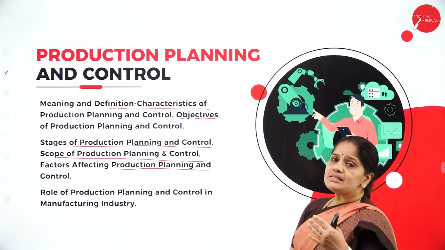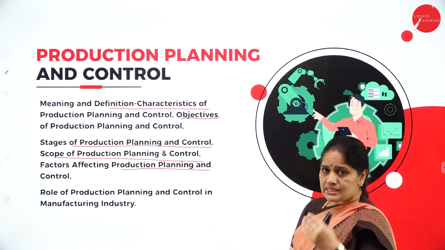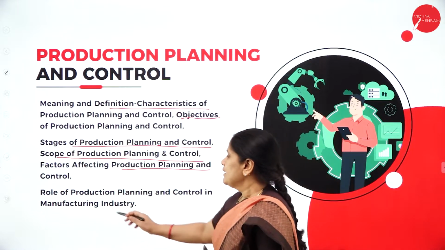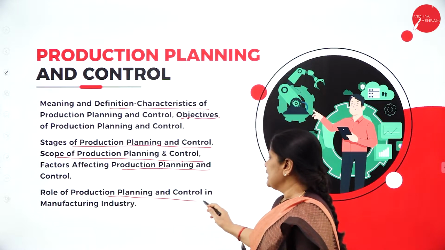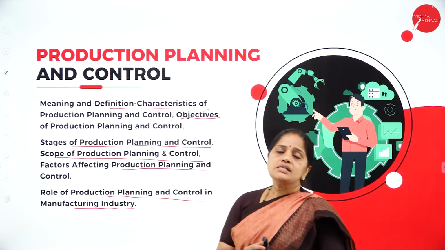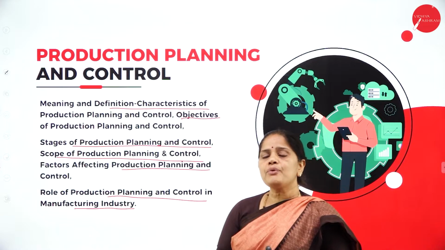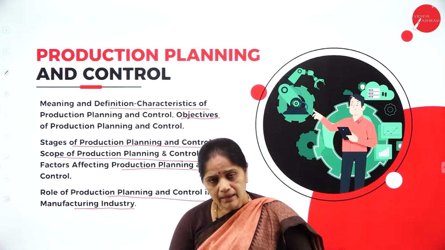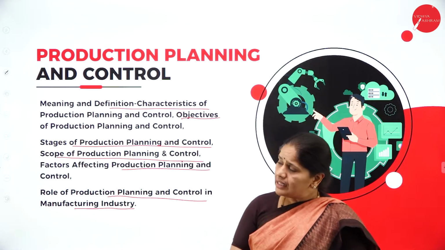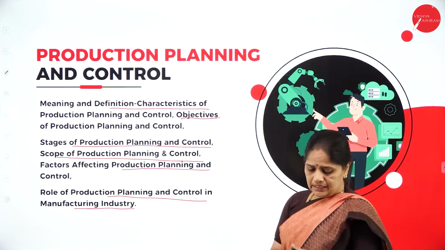But if the demand is not so high, then you can slightly lower the productivity of the plant. Then the role of production planning and control in the manufacturing industry. How important it is to have production planning and control in the manufacturing industry. This we will be learning, and all this will be a part of Unit 3.